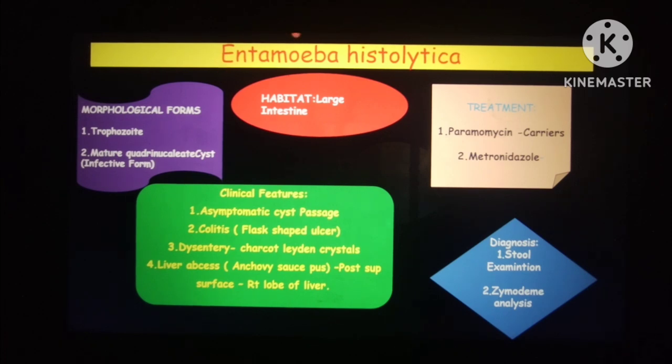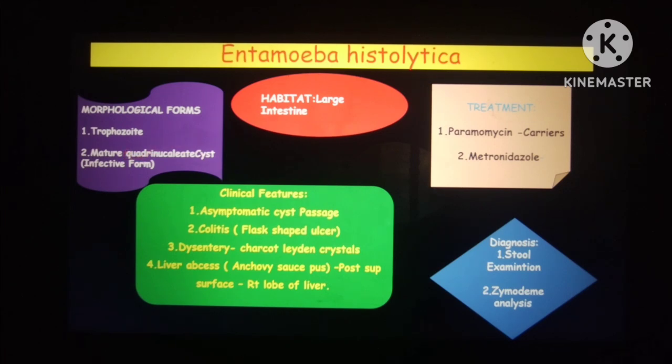Entamoeba histolytica usually resides in the large intestine. Coming to morphological forms, there is a trophozoite form and a quadrinucleate cyst, and you want to know which is the infective form. For Entamoeba, it is the mature quadrinucleate cyst, and they can ask this also.